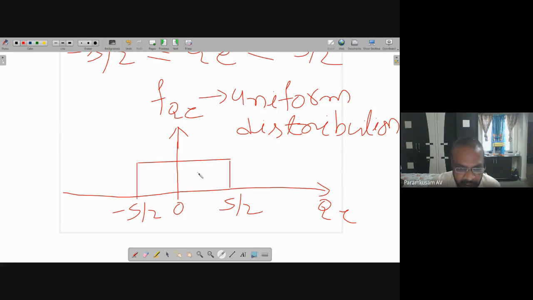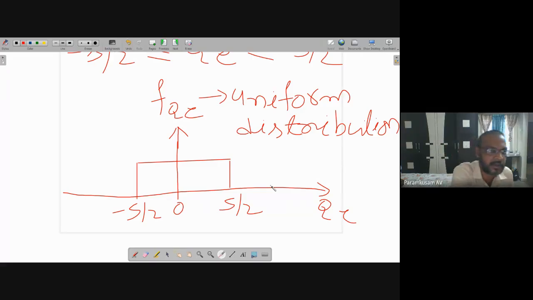Now, can anybody tell what is the value of this constant? What is the value of FQE from minus s by 2 to plus s by 2? You can tell according to one fact. That fact is that the area under any PDF function is 1.